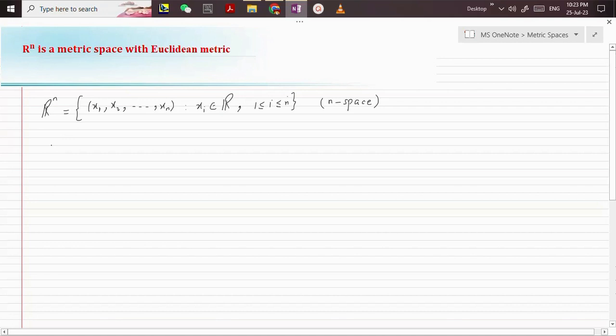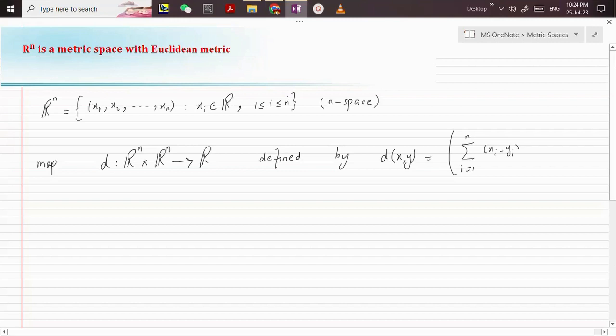So we shall prove that the map d from Rn cross Rn to R, which is defined by d of x, y is equal to the summation i from 1 to n of (xi minus yi) whole square, whole power 1 by 2.